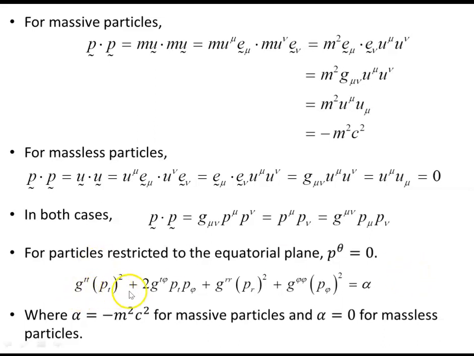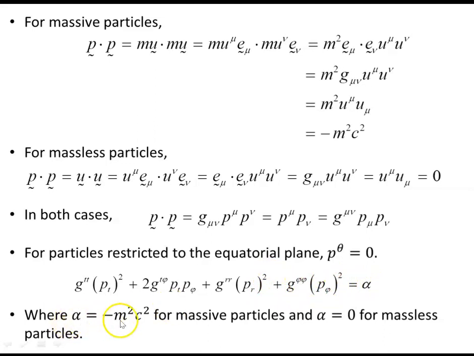We can then expand out this object in terms of its components: gtt pt squared, plus 2 times gt phi pt p phi, the cross terms, plus grr inverse metric pr squared, plus g phi phi p phi squared, is alpha.